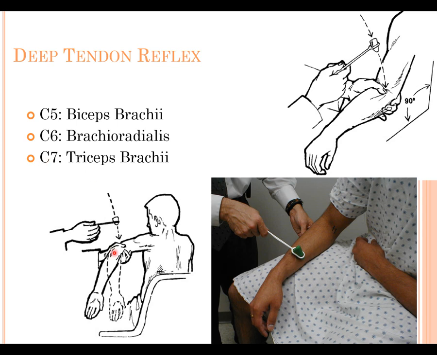And then C7 is your triceps tendon. You want them to be seated and relaxed. Then you take their elbow, turn them in an internal rotation, let their arm just hang there. You palpate the triceps tendon at the olecranon, which is actually very easy to get. And then you can either hit your thumb, or I actually tend to hit the tendon itself, and I tend to use the flat side as well.